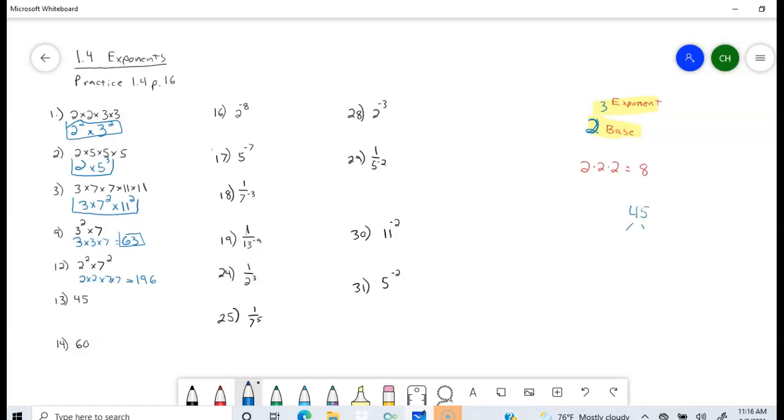So it's 9 times 5. That would have been 3 times 3 times 5, which is how we wrote it last time. But what we're looking for is 3 squared times 5.